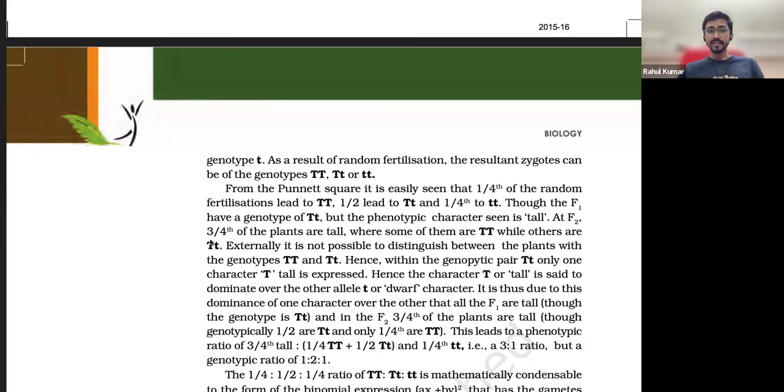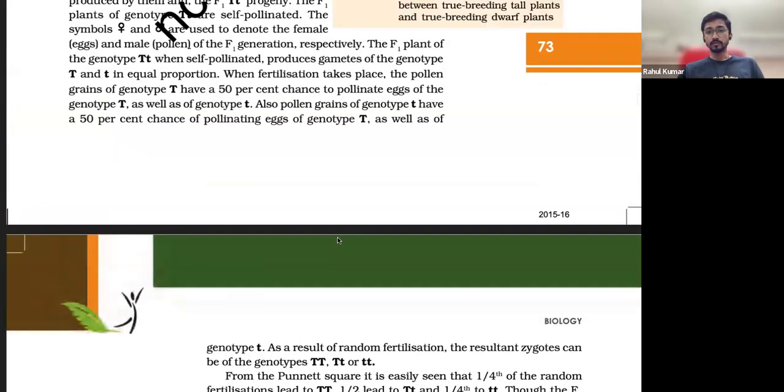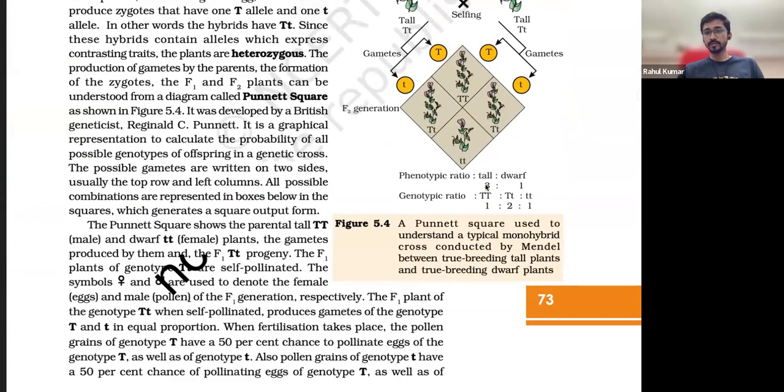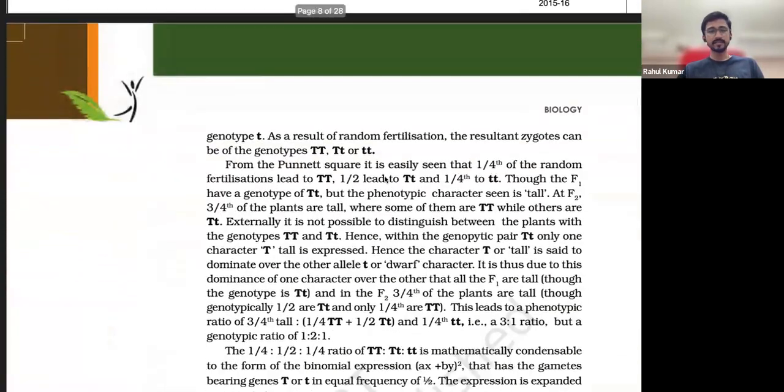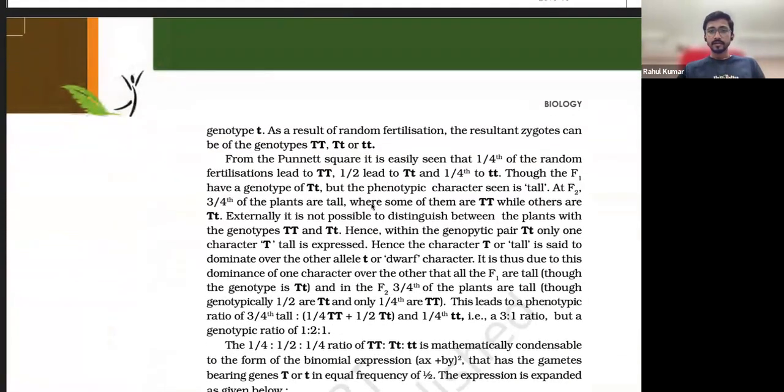At F2, 3/4 of the plants are tall, which you already told me. The phenotypic ratio is 3:1, right? It is just the play of words, where some of them are capital T, while others are capital T, small t. This sum of them is very ambiguous. You exactly know how many of them will be capital T, exactly 1/4, right?